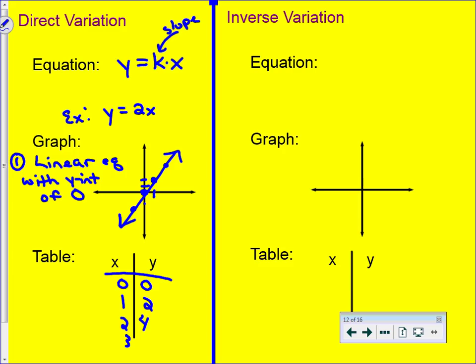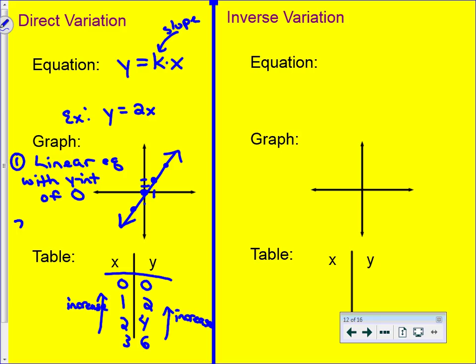We could keep going because we know if we put a 3 in, we get a y value of 6. So even though it looks kind of funky, what's happening to your x's right now? Your x's are increasing. So as your x's increase, what happens to your y's? Your y's will also increase.